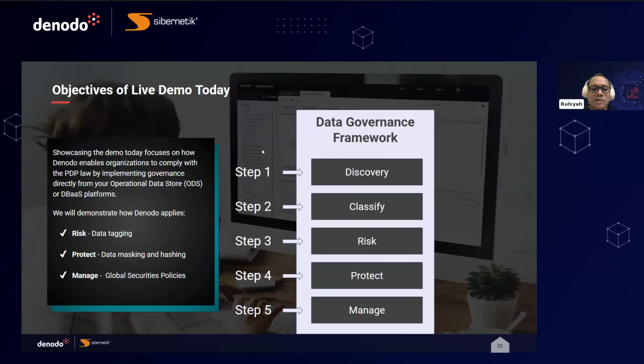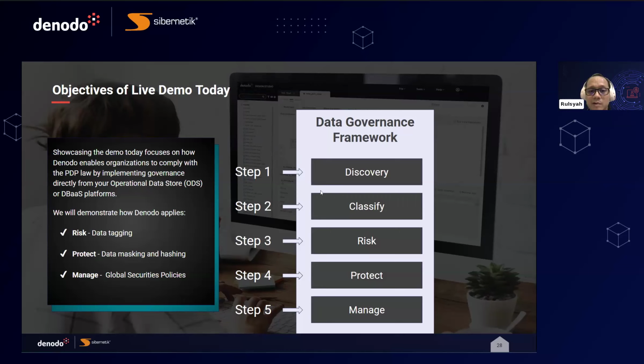Before we begin, let me briefly explain today's live demo. As we can see here, these are the 5 steps of the data governance framework: discovery, classify, risk, protect, and manage. Basically, step 1 and step 2, discovery and classify, will be handled by an external platform. The discovery part is basically connecting with your data.